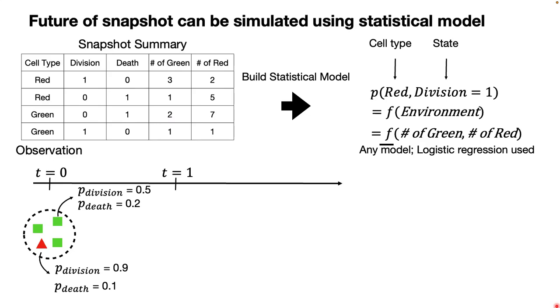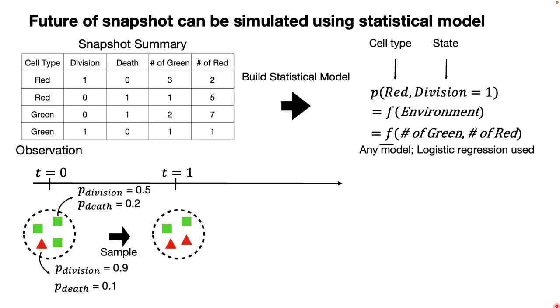For the next time step, which cannot be observed because we have no observation after that, you can just sample according to these probabilities to simulate this state transition.